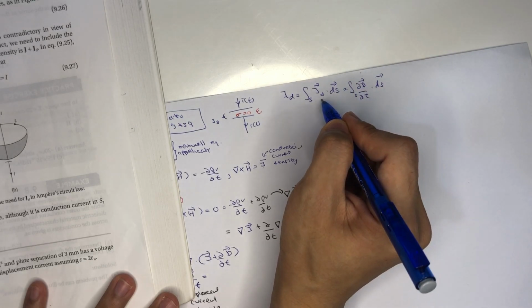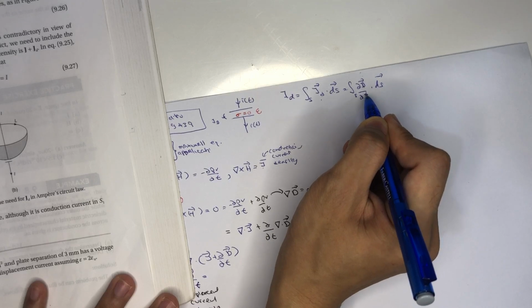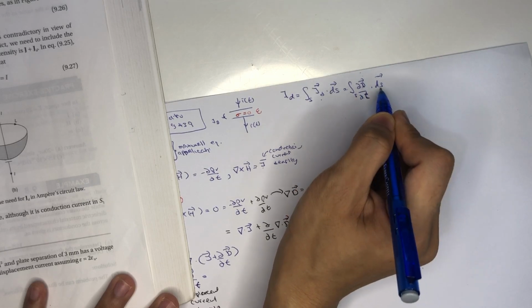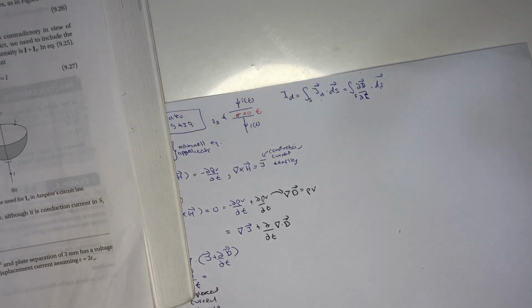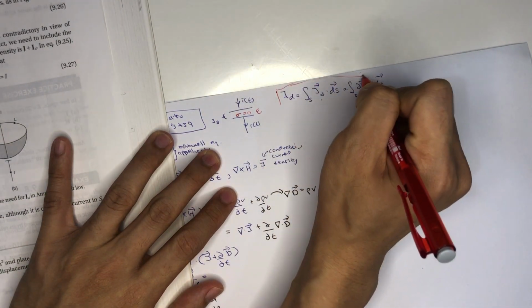If you see, this JD is here, where we just do some expansion, and dS is still dS. So this is also one of the equations that you need to familiarize with.